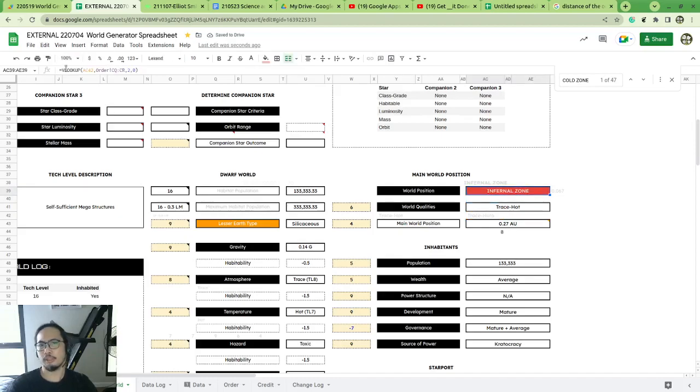What matters is what zone it is. And you know, you can have a very cold object near the infernal zone if there's something blocking all that heat.